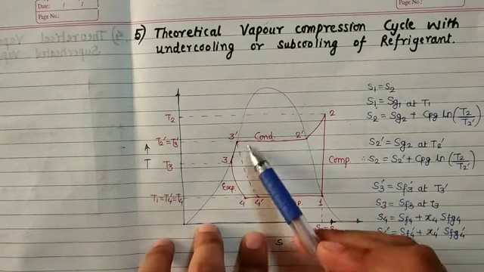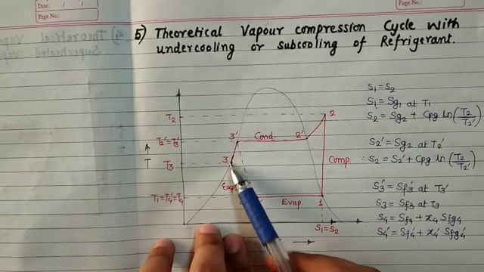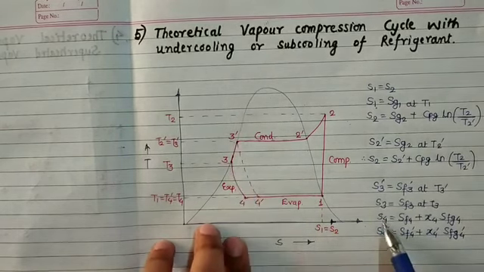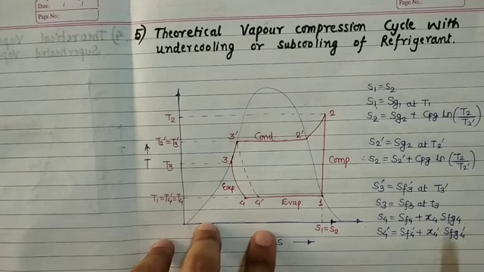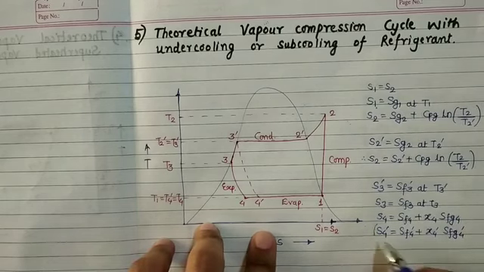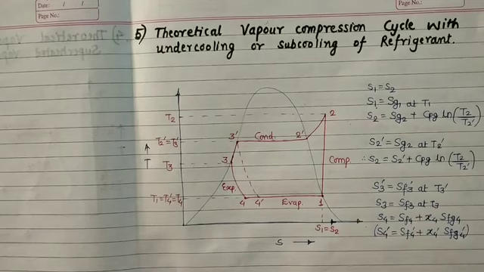S3 dash will be equal to SF3 dash at T3 dash. S3 will be equal to SF3 at T3. SF4, as it is in the liquid-vapor region, needs to be calculated through this formula, and if required this can be calculated, but I have just written it here.